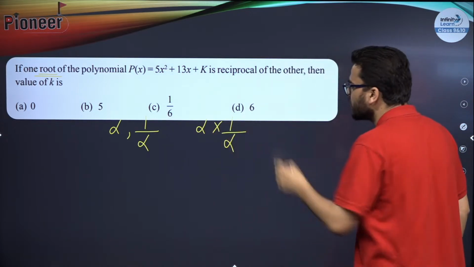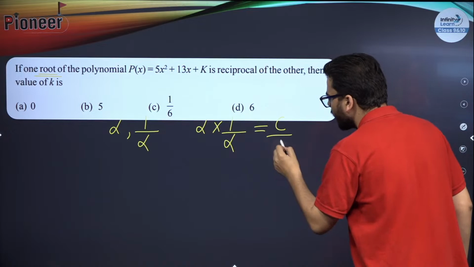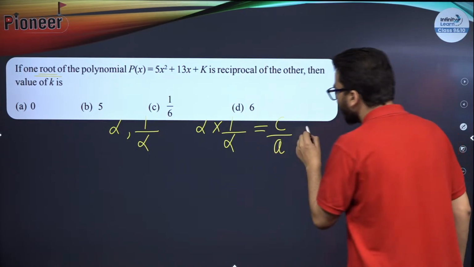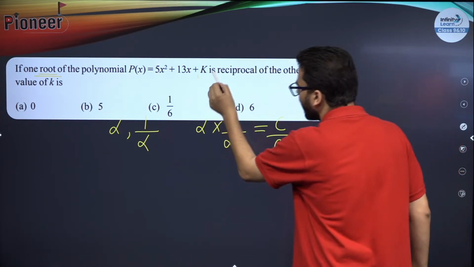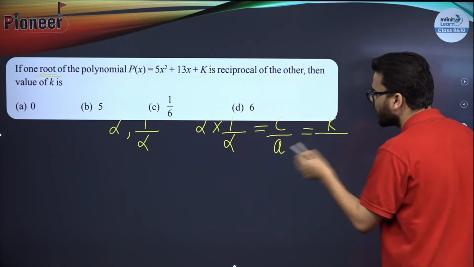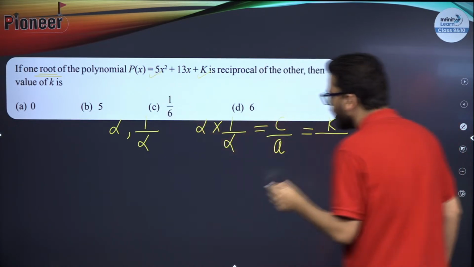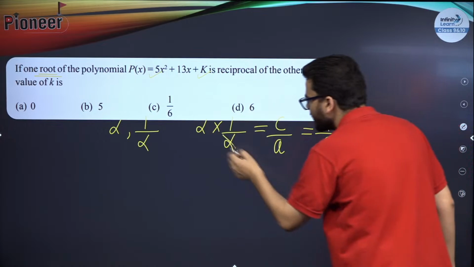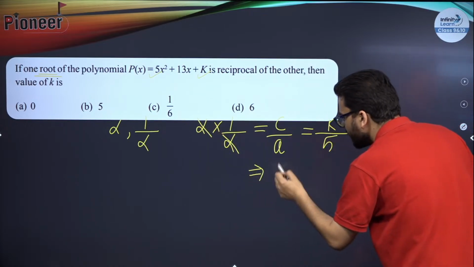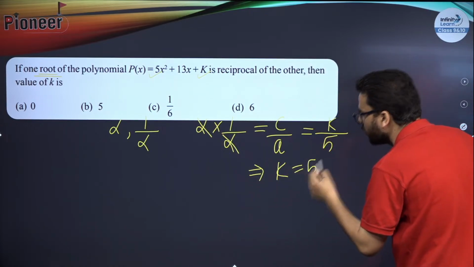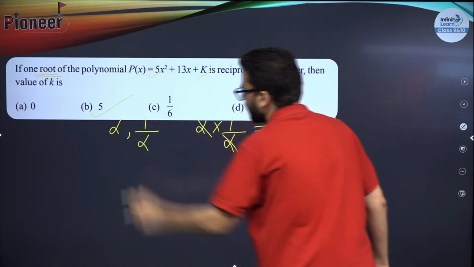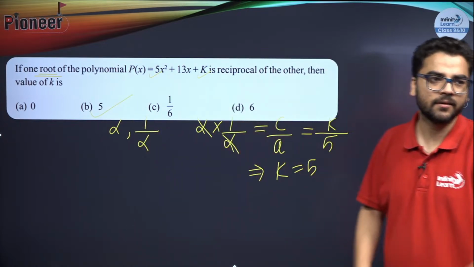So the product of zeros is equal to c by a for a quadratic polynomial. What is c? The constant over here, that is k. And a is the coefficient of x square, that is 5. So you see this will get cancelled out. If you simplify, k will come out to be equal to 5. So therefore 5 is the answer. I hope it is clear.